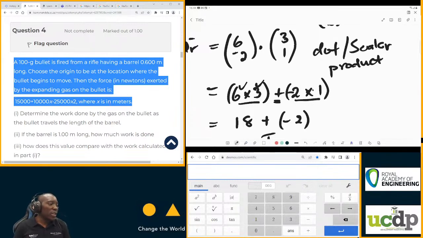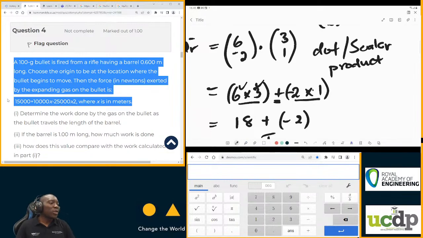So in this case, that force is given here as 15,000 plus 10,000 x minus 25,000 x. Would that be x squared? Where x is in meters. I think this should be x squared.